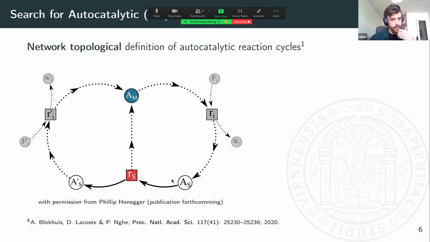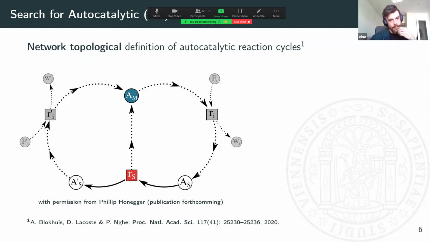But at some point you have a split point, a split reaction that creates a side branch, sometimes also called a hyperarc, that at some point feeds back into the main reaction cycle. And this merge point is then basically the autocatalytic species.